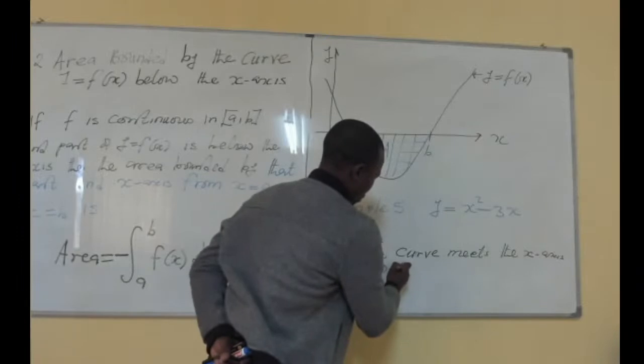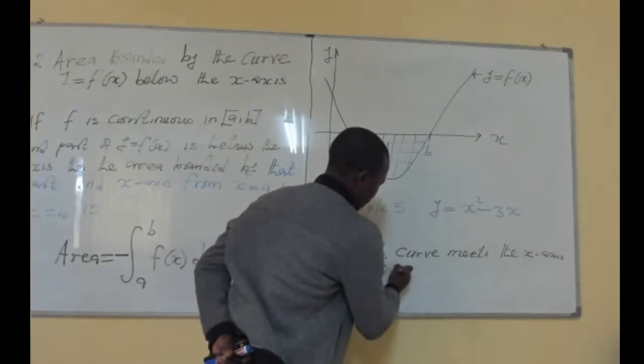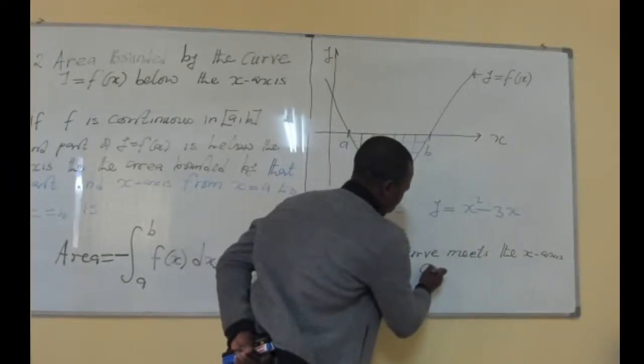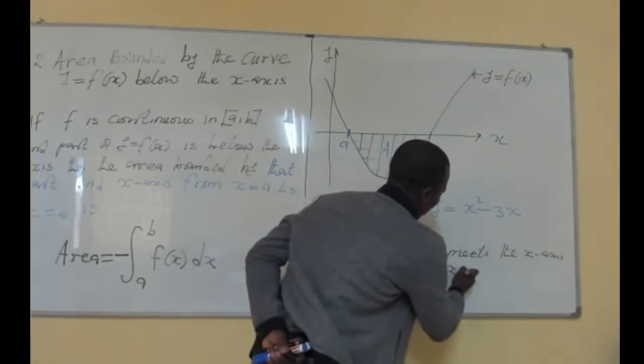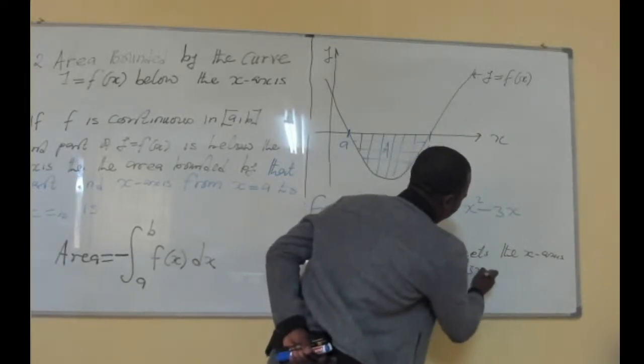So that is when 0 is equal to x squared minus 3x.